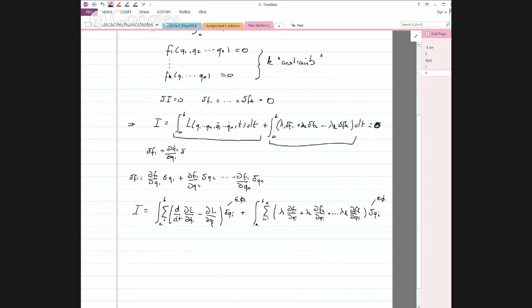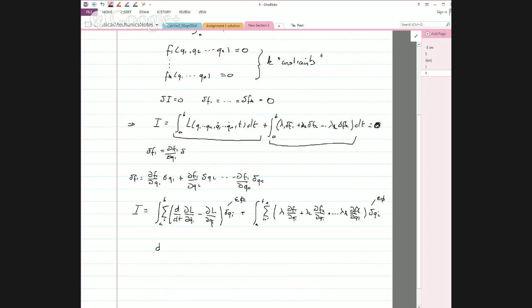So let's consider the last k terms of this sum, right? Remember, we have k constrained equations. So let's choose the last k terms. So let me write one term out of the sum.